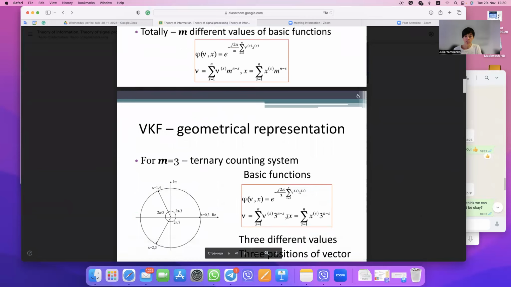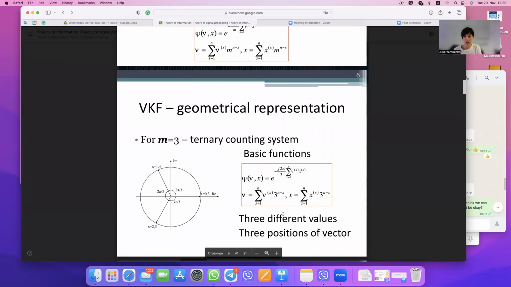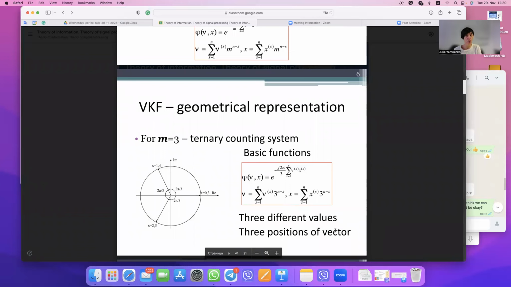And I will explain a little bit later how to do this, but actually it appears not so complicated, and the result is very successful and promising. Why?